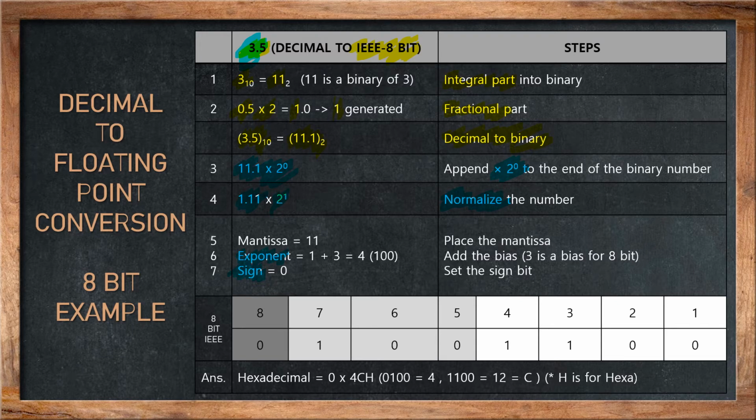Here we got 1 as the exponent, and we know that we cannot store the exponent directly. So we need to add the bias value, and 3 is the bias value for 8-bit. We added 3 and got 4, and this is in decimal, so again we need to convert it into binary. So 100 is the binary.